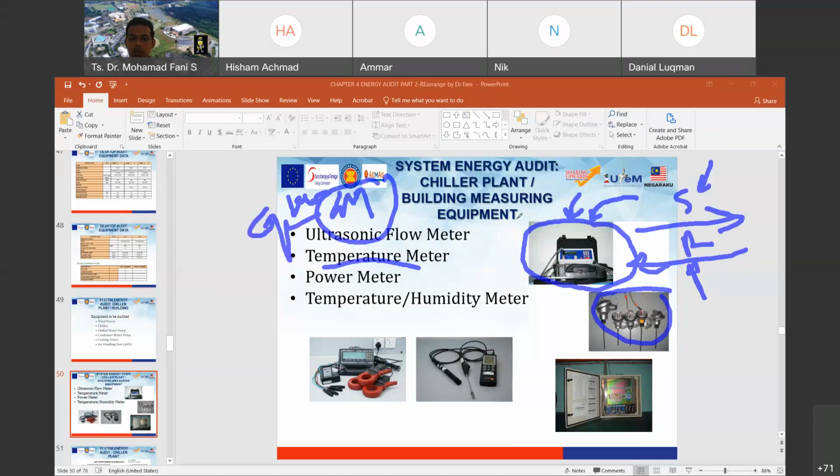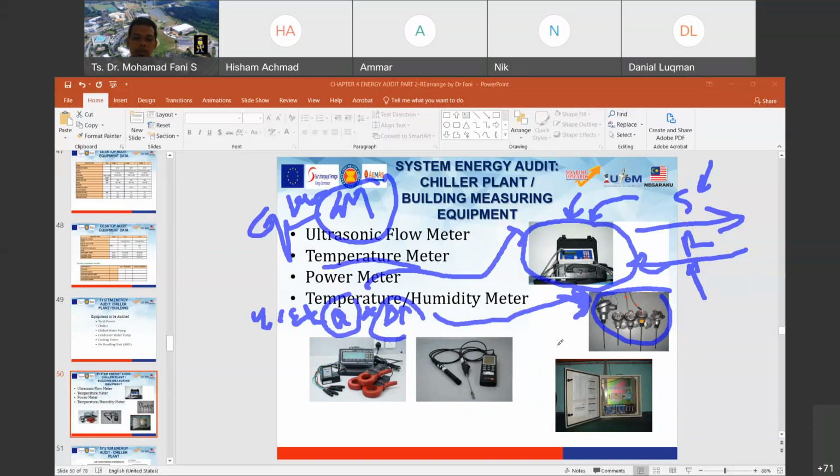So RT, the refrigerant ton or cooling capacity, is 4.18 multiplied by Q multiplied by delta T. Q is measured using this flow rate meter, and delta T using a temperature logger. So at least 1 week.